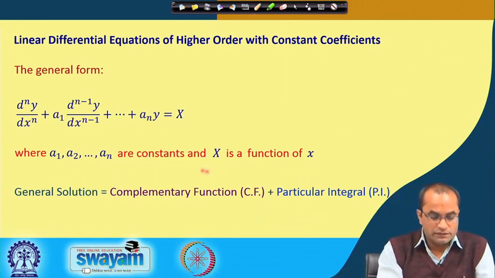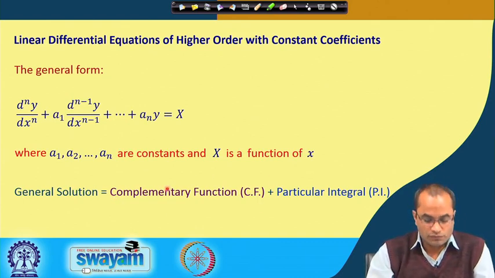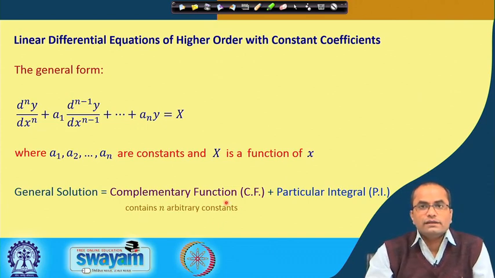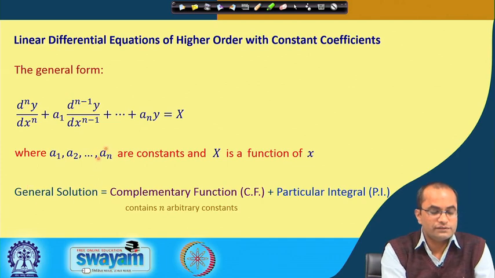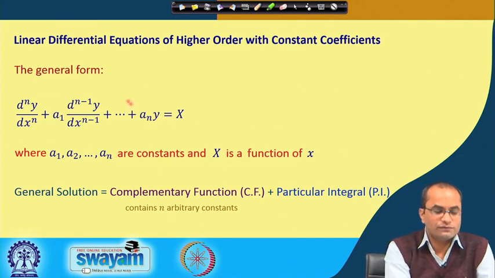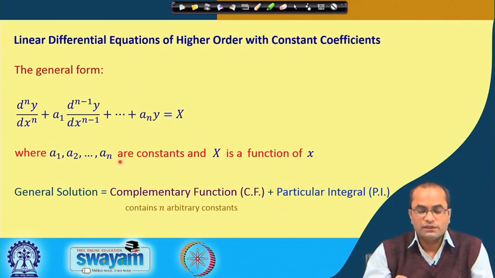Since the complementary function is the general solution of the homogeneous equation, it will have n arbitrary constants, as discussed before, because this is an nth order differential equation. So we must have n arbitrary constants in the general solution of the given differential equation, and the particular integral, which is a particular solution of the given differential equation, will not have a constant.